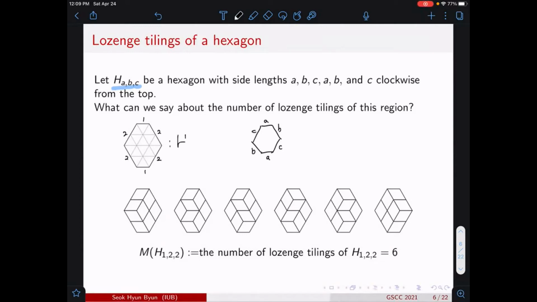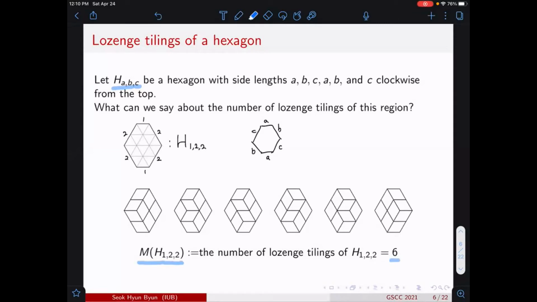So this is H sub 1, 2, 2. On the bottom, I provided 6 lozenge tilings of this region, and in fact, you can check that these are all the lozenge tilings of this region. Then using our notation, we can say that M of this hexagon is equal to 6.